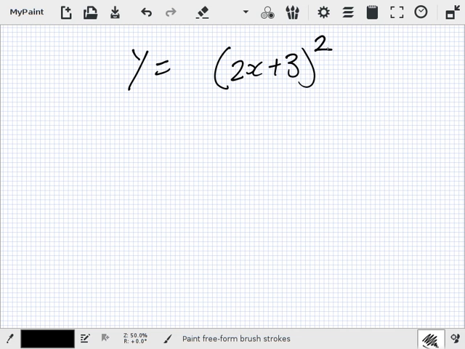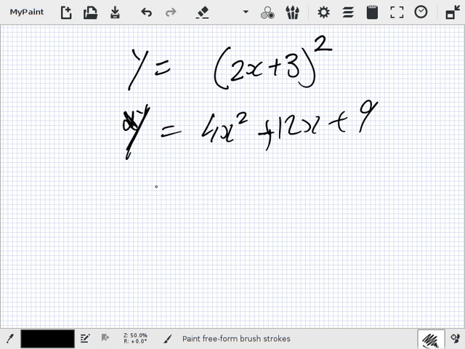Yeah, so what should we do first? Expand, very good. Yeah, we should expand first. So that's 4x squared plus 12x plus 9. Yeah, and now the derivative will be what? 8x plus 12.